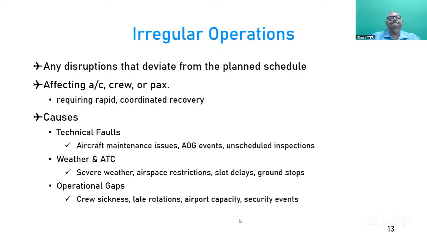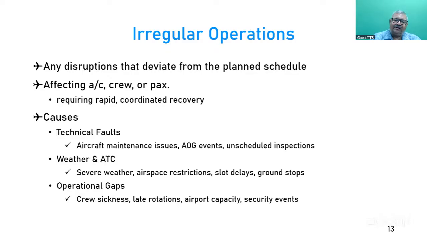And the other reason for an IROP could be, suppose the crew reports sick. Remember that aircraft are operated by the pilot, co-pilot, and the flight and cabin pursers. They are all humans, and there could be a situation when your pilot in command is not well.